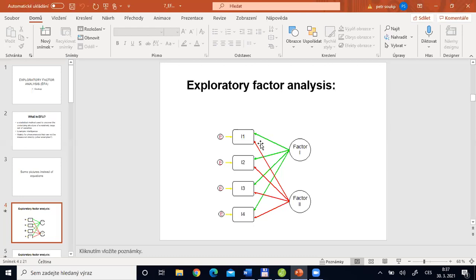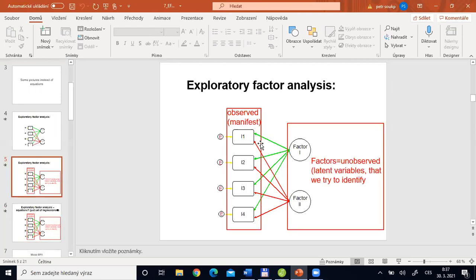And if I go back here, we have a brief description by picture as well. So once again, observed variables, unobserved variables, and these variables are also latent or unobserved variables. So we have 1, 2, 3, 4, 5, 6 unobserved variables, and we have 1, 2, 3, 4 observed variables here.